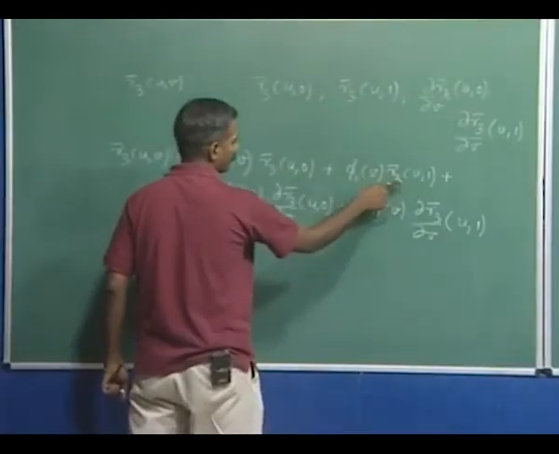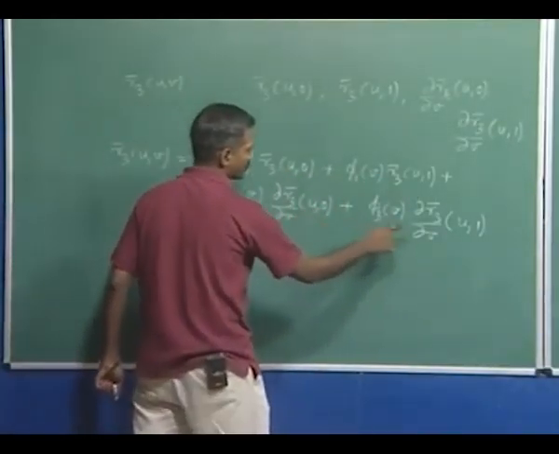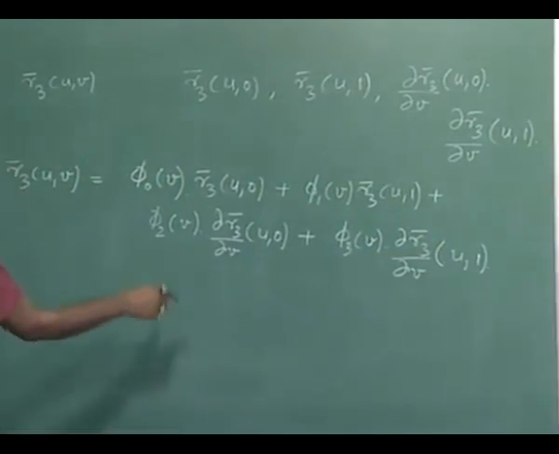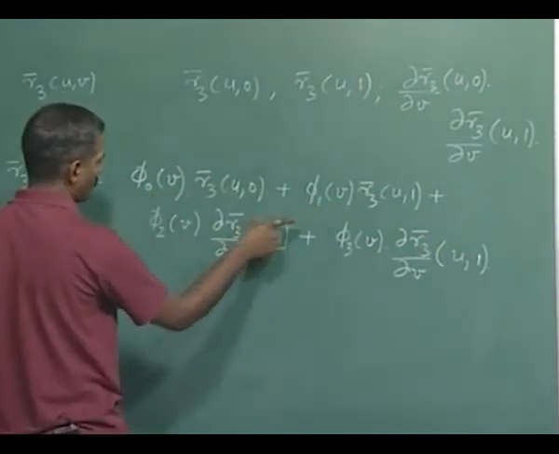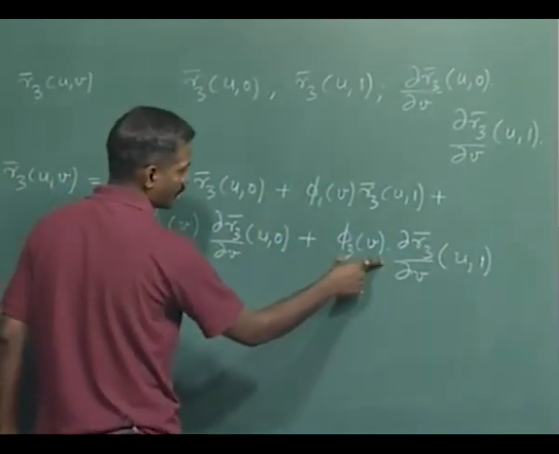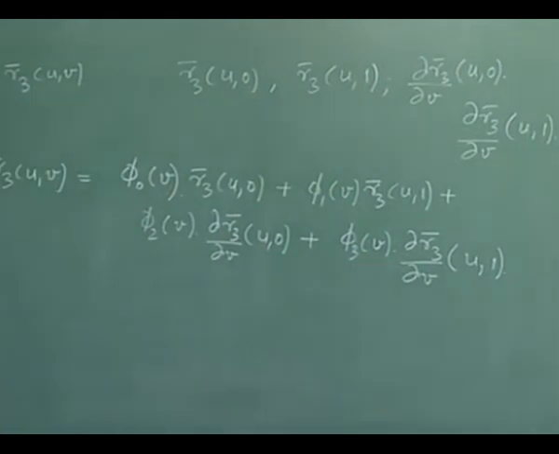These are the expressions we'll have as functions of u, and phi 0, phi 1, phi 2 and phi 3 will be Hermite polynomials in v.